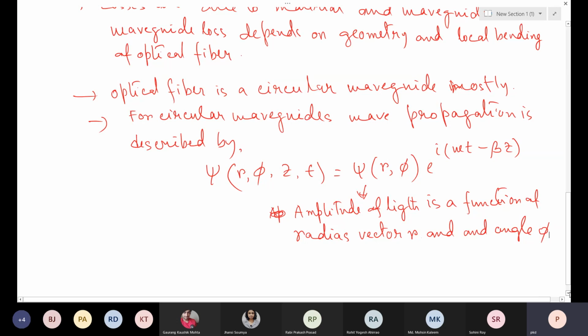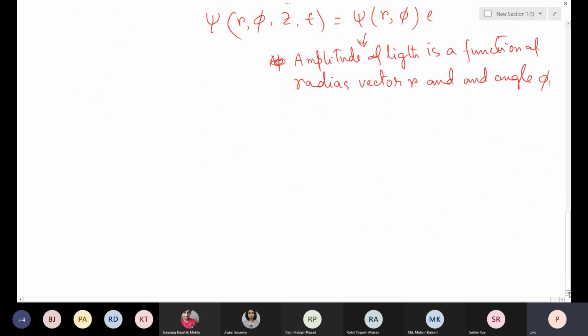So the differential equation correspondingly can be written in terms of the gradients in x, y in terms of the amplitude variation.